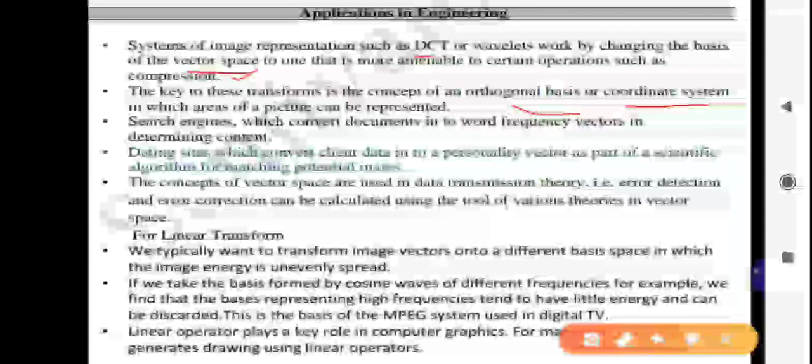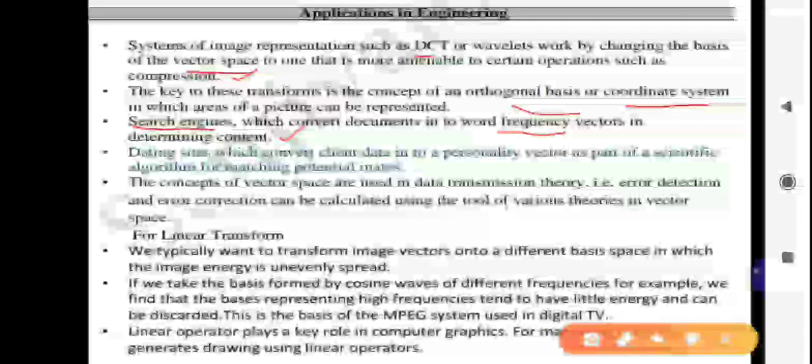Next application, vector spaces can be used in search engines like Google, Yahoo. In these search engines, vector space is used. Search engines convert documents into word frequency vectors in determining contents.